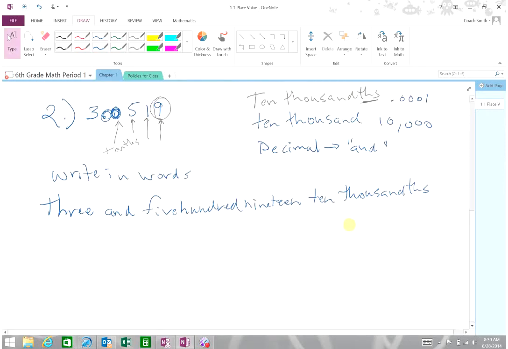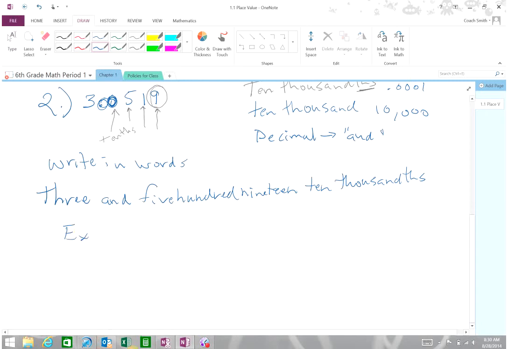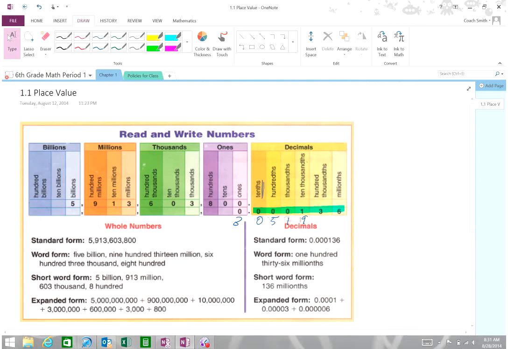Now, let's look at expanded form. Okay? There are 2 types of expanded form. The type that you're going to use today is not really the most common. The most common expanded form is when you write it with exponents. Every place value has an exponent. Here's what I mean. If I go back up here and I look at our number chart, the ones place value is 10 to the 0.